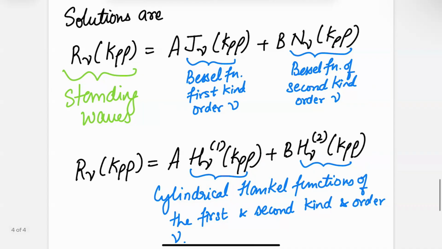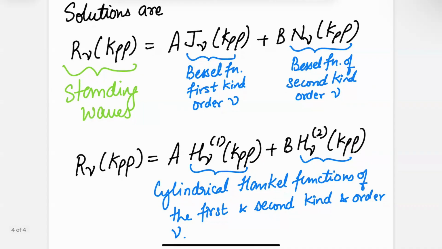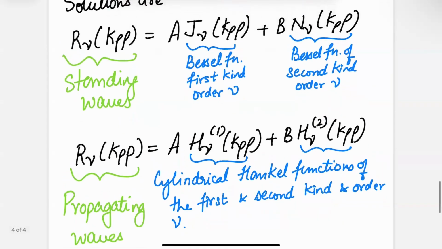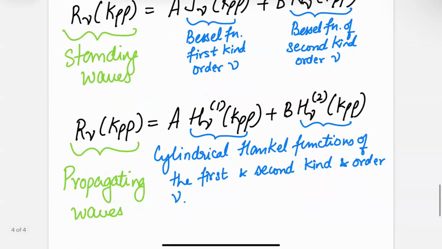And indeed, in this case as well, in cylindrical coordinates, these represent standing waves, and we'll see what they look like. So what do these represent? The cylindrical Hankel functions represent propagating waves. It's similar to e to the ikr and e to the minus ikr. So that's what the cylindrical Hankel functions are. Okay.